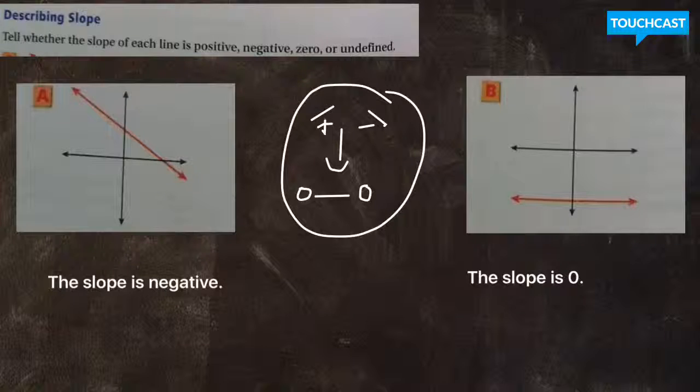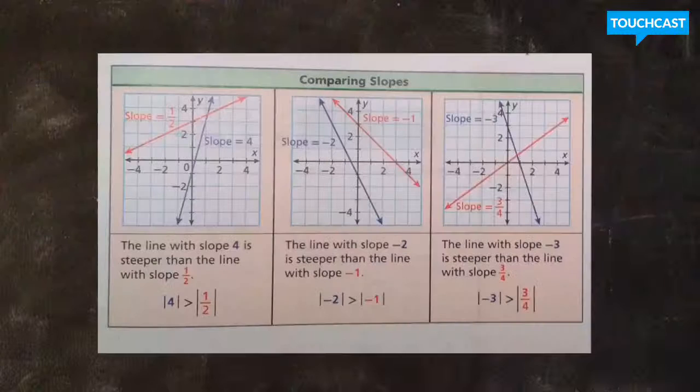So we're done, but let's look at a graphic where we can look at how slopes are compared. So we have 3 graphs here. All of them have 2 lines on them, and each line has a different slope. So in the first picture, we have a line that has a slope of 4, and that slope is steeper than the other line, which has a slope of 1/2, because the absolute value of 4 is greater than the absolute value of 1/2.